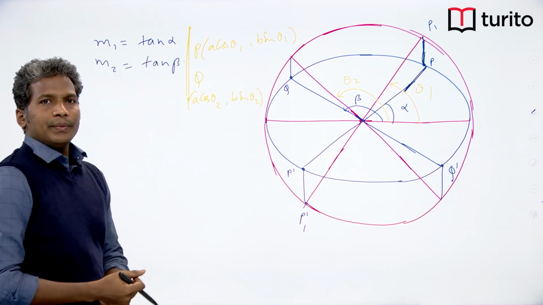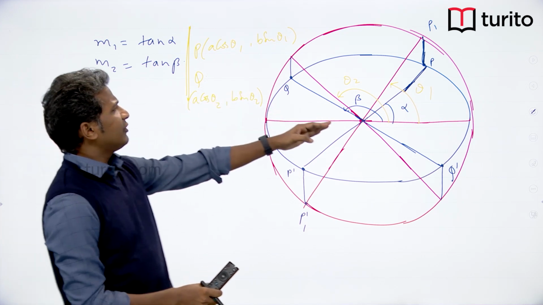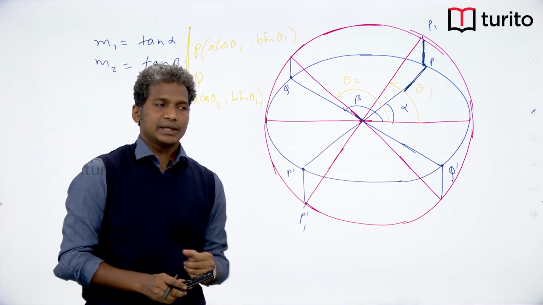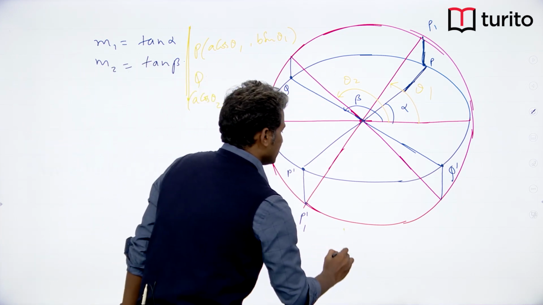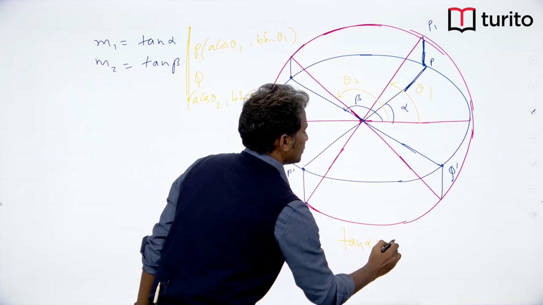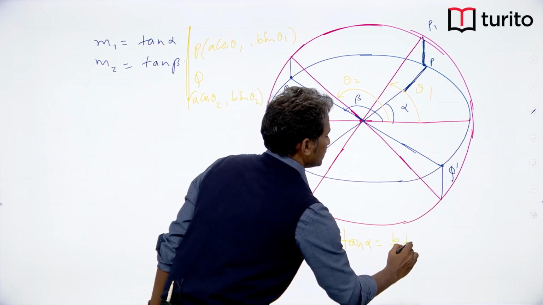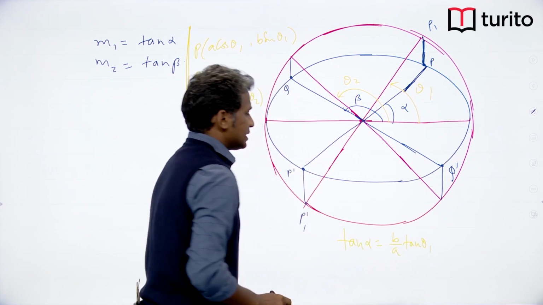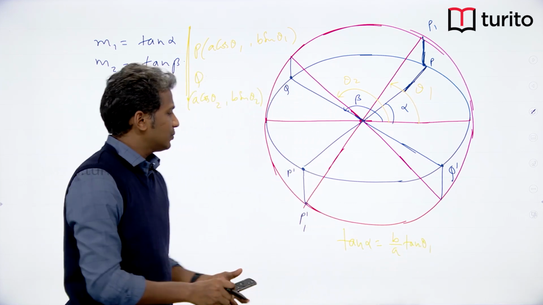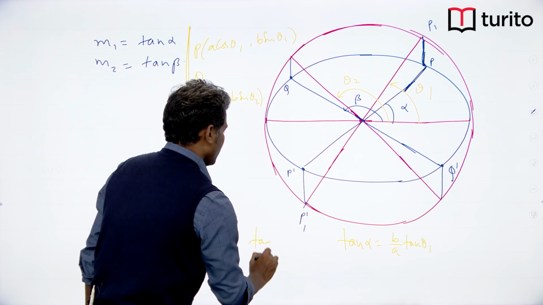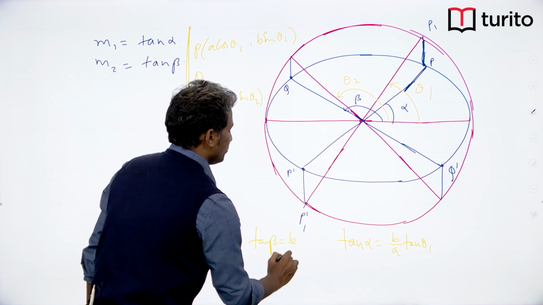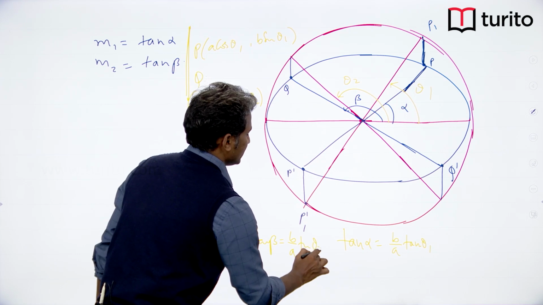Now, we know that alpha and theta are directly related: tan alpha is equal to b by a into tan theta 1. Similarly, tan beta is equal to b by a into tan theta 2.